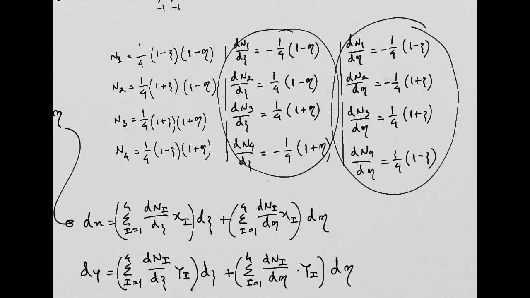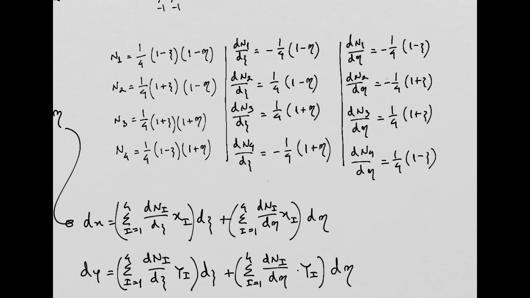But what we are going to do is numerical integration, and then this xi and eta will be replaced by specific coordinates at particular points, which are the Gauss points or integration points. So at the end we will not have this xi and eta, but we will discuss that later, okay?